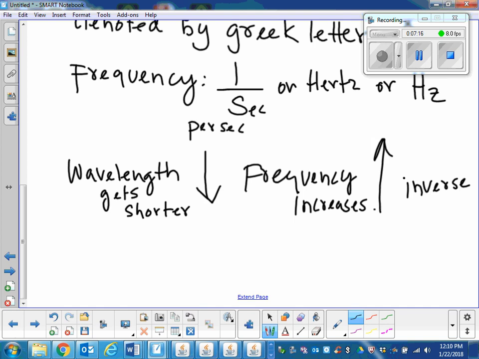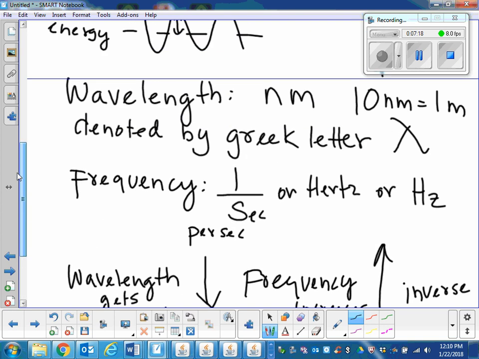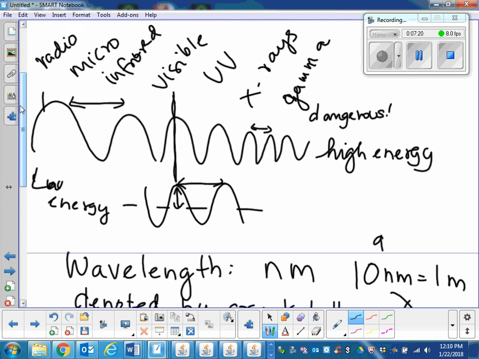Now, we said this is the high energy end of the spectrum. What is the relationship between frequency and energy then? Yes, Daniel. The higher the frequency, the shorter the wavelength.